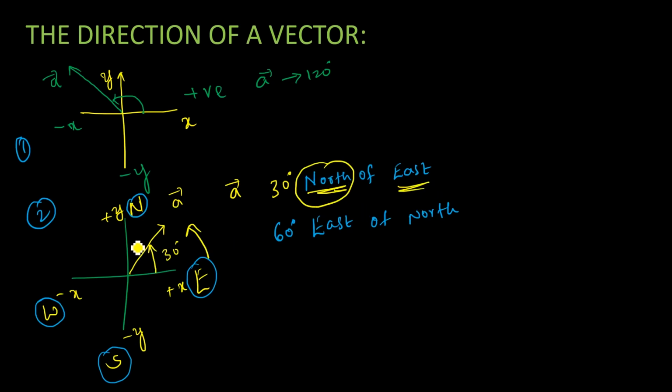Then the remaining angle is 60 degrees, because the total is 90 degrees. So 60 degrees east of north.